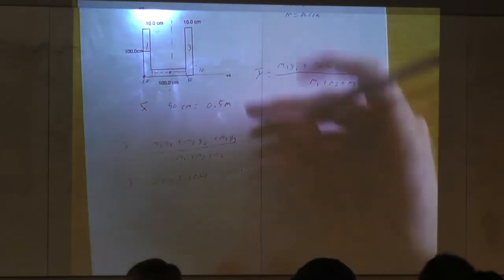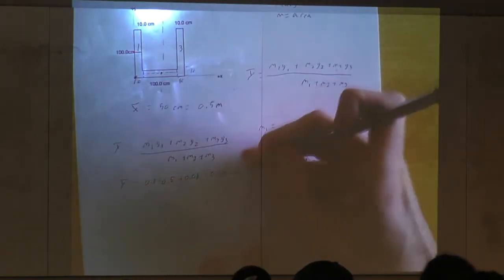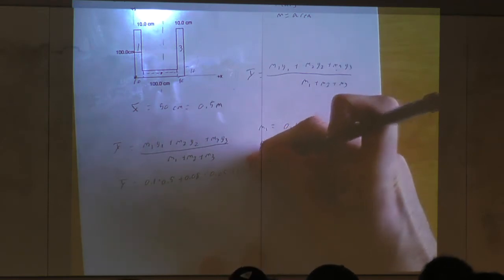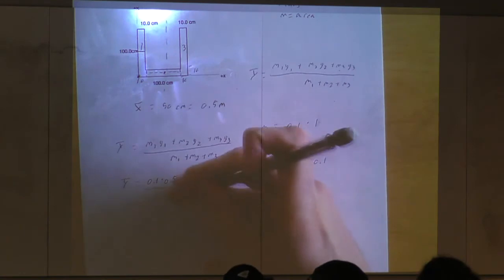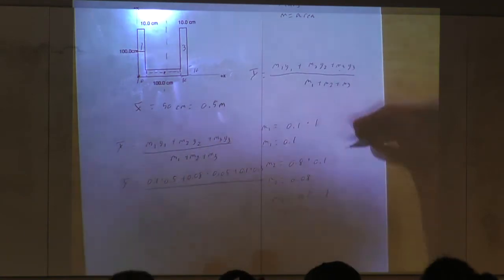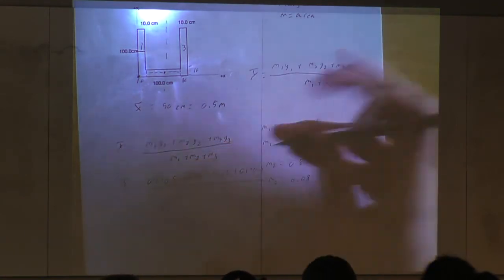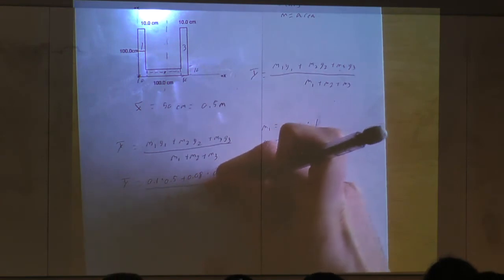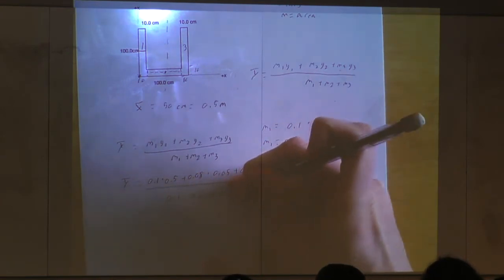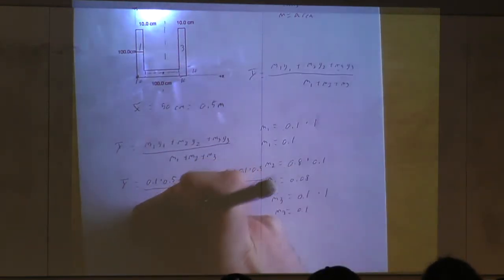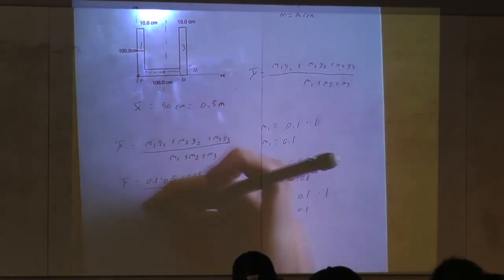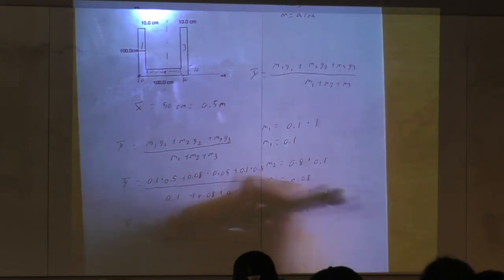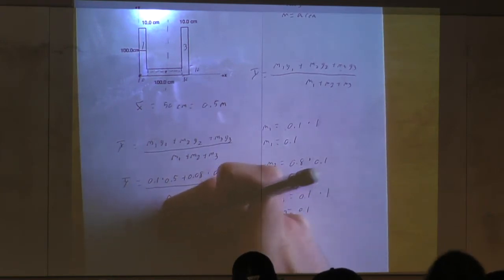And then the third one once again is exactly like the first one, so 0.1 times 0.5. And that's just over our areas we calculated over here. And then from that, our value comes out to 0.371.